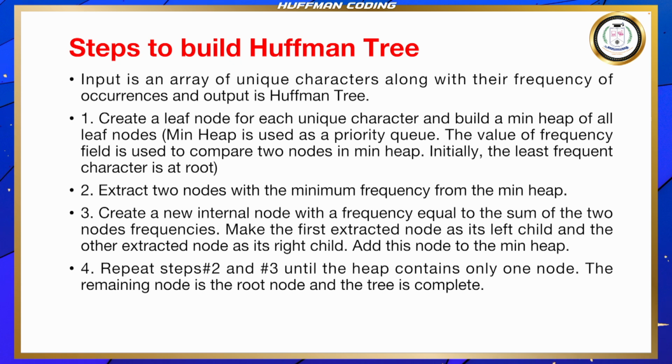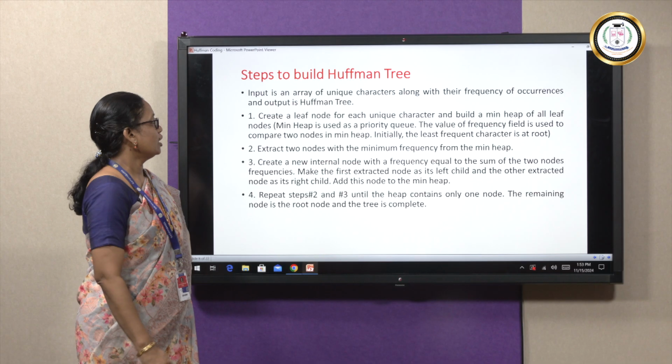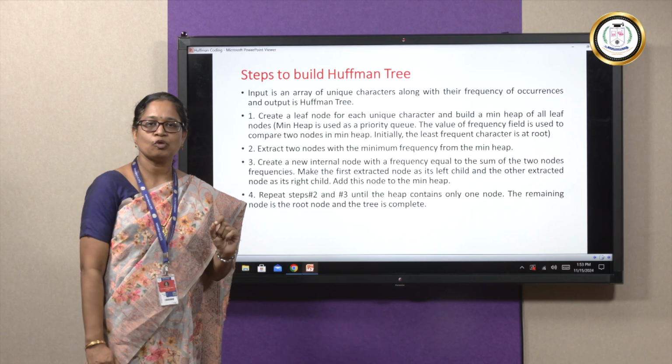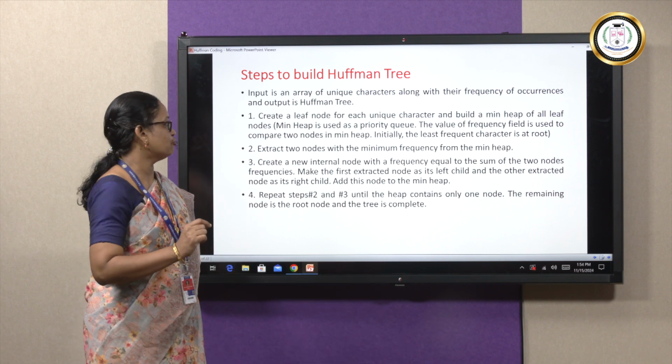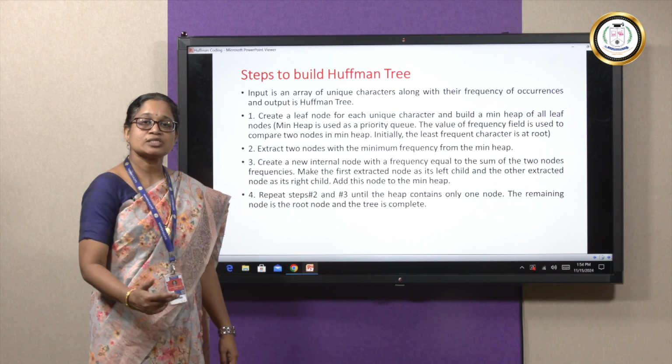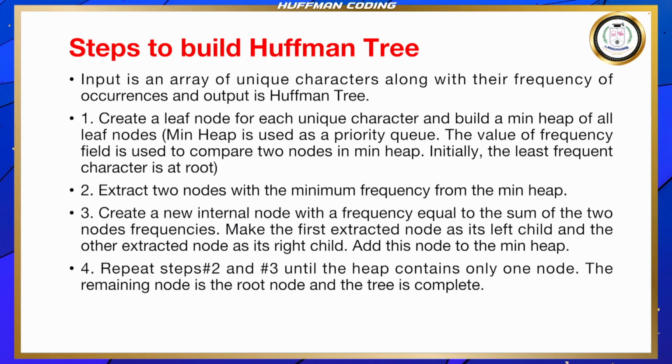Given a set of input characters, we have to create a leaf node for each unique character and build a min heap of all the leaf nodes. Then the next step is to extract two nodes with the minimum frequency from the min heap.